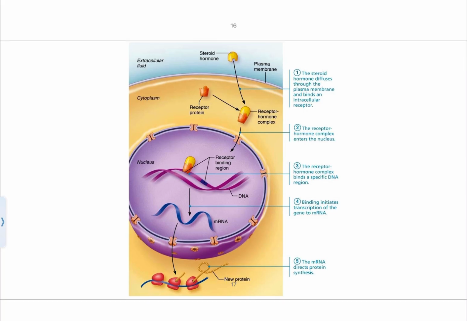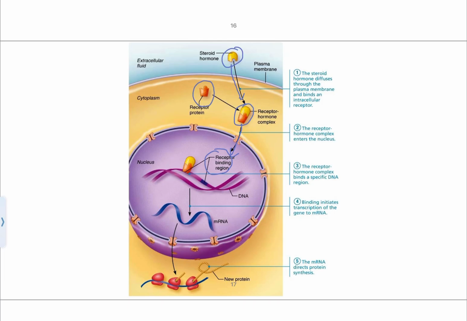So here's an image of everything I kind of told you in words. Here's our steroid hormone. It's capable of diffusing across the plasma membrane, which it does. So it comes inside. It binds to its receptor somewhere in the cytoplasm over here. Once we have the hormone bound to the receptor, it's able to enter the nucleus through the nuclear pores and bind to a very specific region of DNA to enhance transcription and translation of proteins.